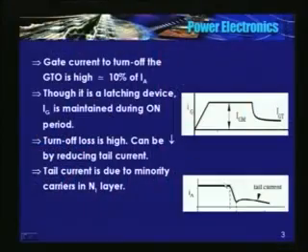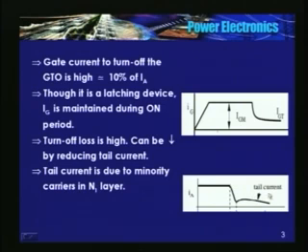See, like this, tail current, this is a very high di by dt, and this is the tail current period, and during this period voltage across the device has risen to quite a high value. So turn off losses will be high.